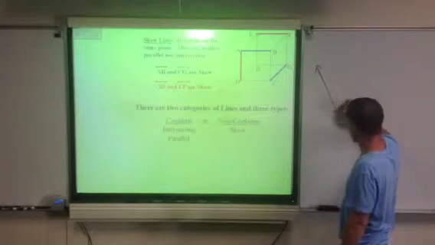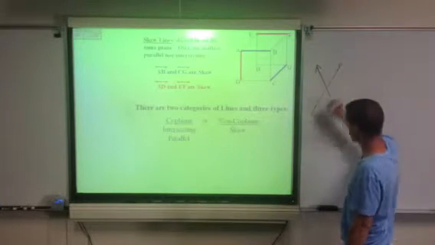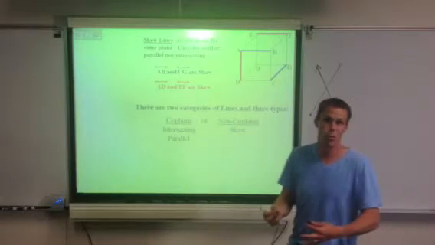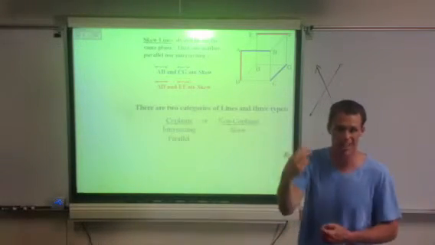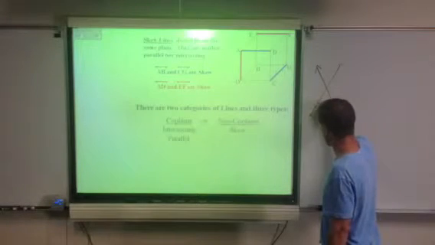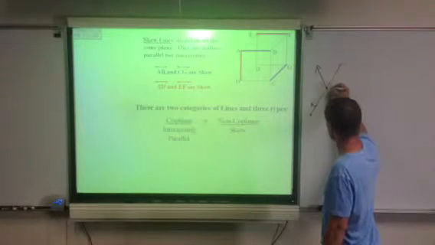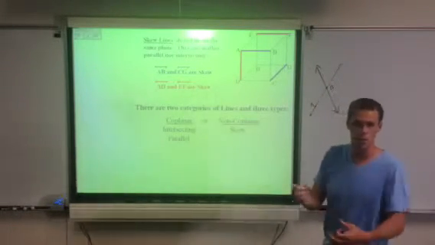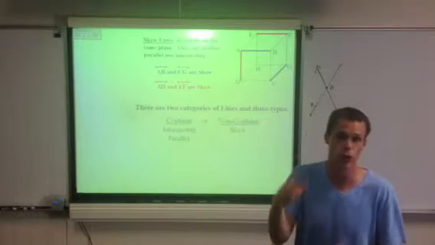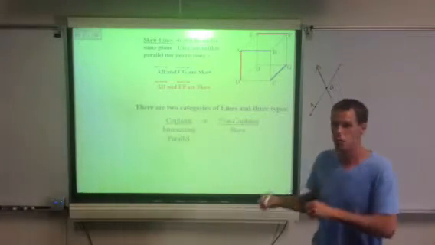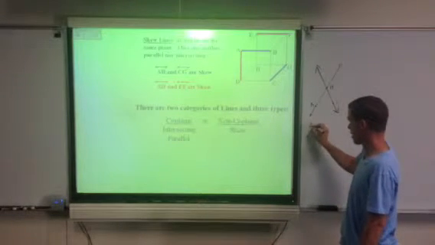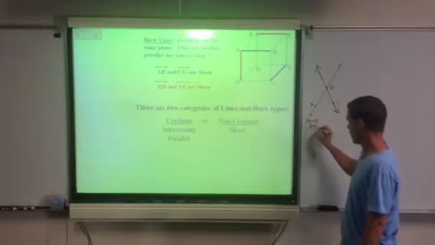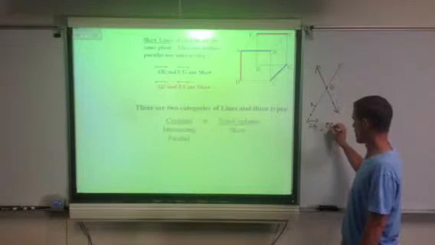let's draw this and get a little bit of an idea. How many points do we need for the first line? Two, from our last lesson. Point A, point B. How many points do we need for our second line? Well, two. But they already share B, so I can put point C right here. And I have line AB. I have line BC.